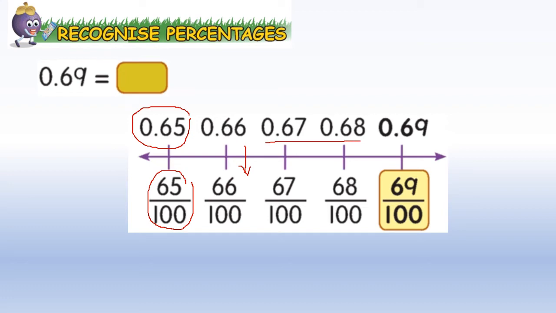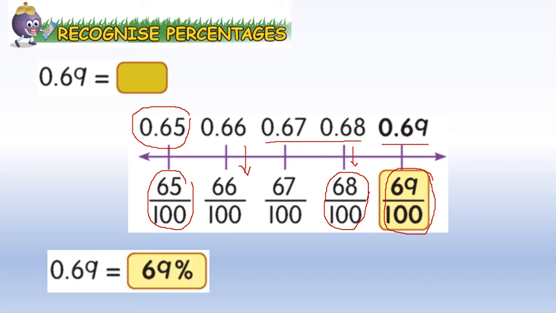Goes to 0.68, in fraction it is 68 over 100, and 0.69 in fraction, it is 69 over 100. So 0.69 in percentage is 69%.